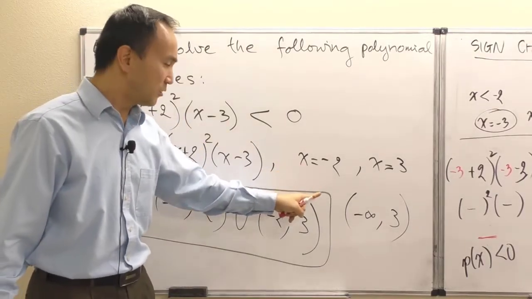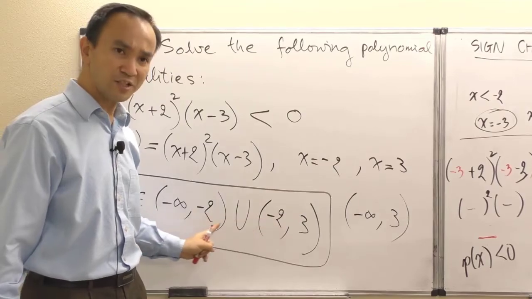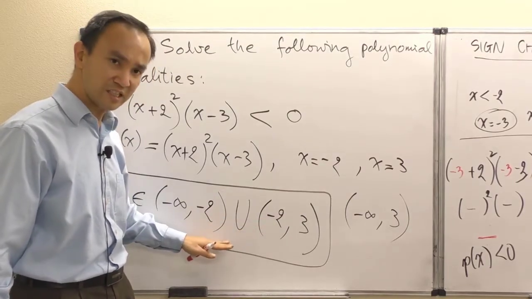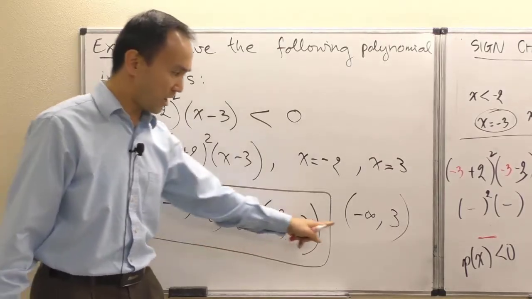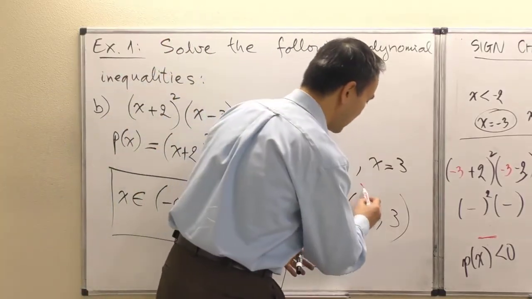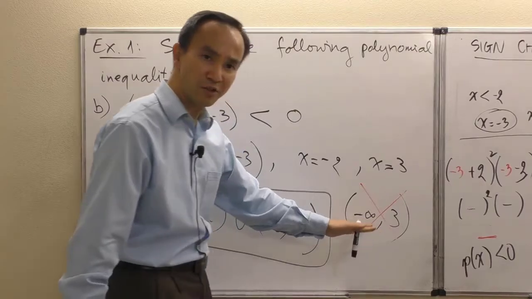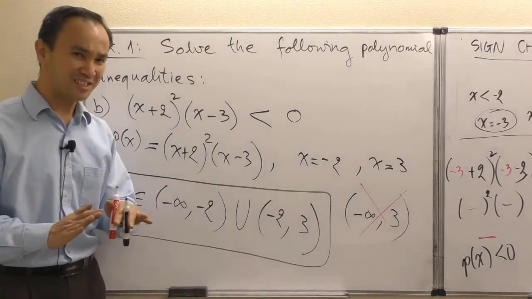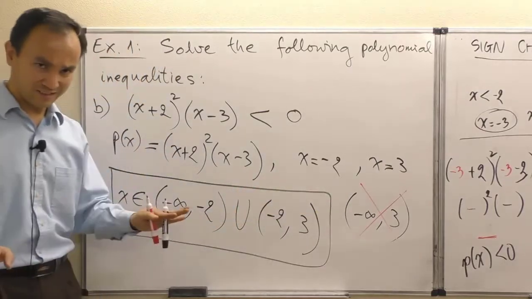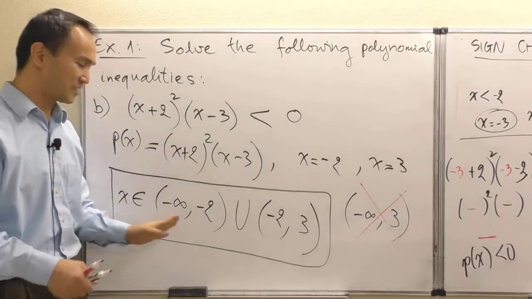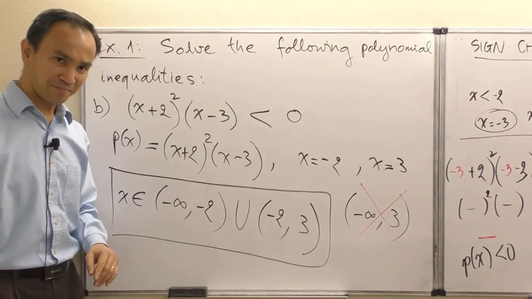So we don't want to include x equals negative 2 here. So this is the exact answer right here. We're excluding negative 2. That's why the combined interval is not correct, because it includes negative 2. Even though at first it seems logically the same, they're not. So this is our final answer right here.